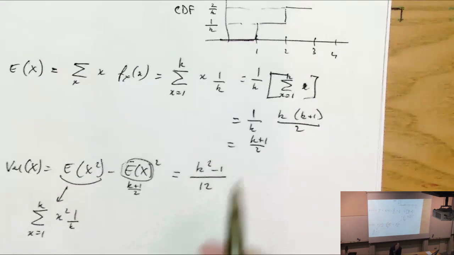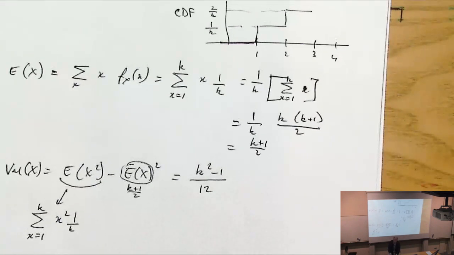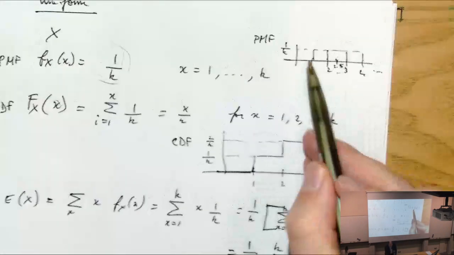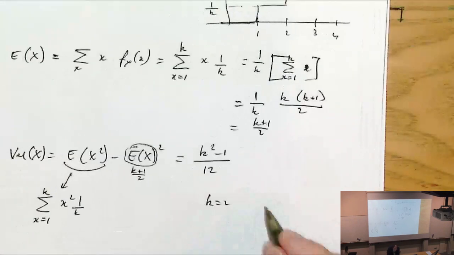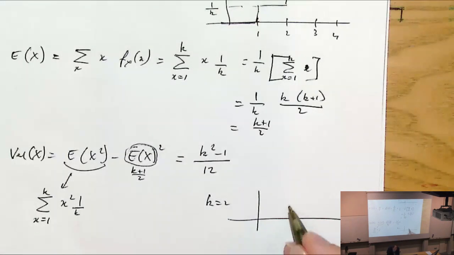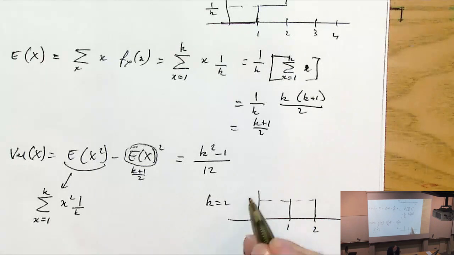What it means is that as k increases, the variance of that random variable increases. And this is quite natural. If I take k equal to 2, for instance, my probability mass function will be at 1 and 2, with 1/2 each.